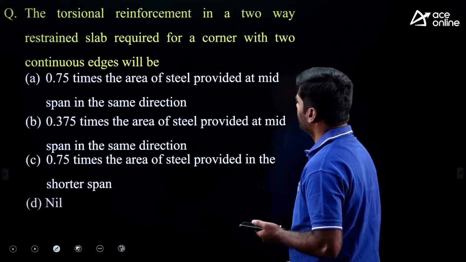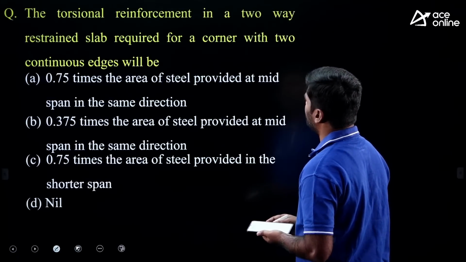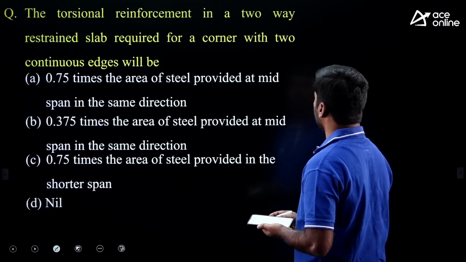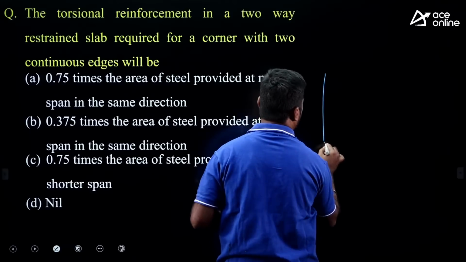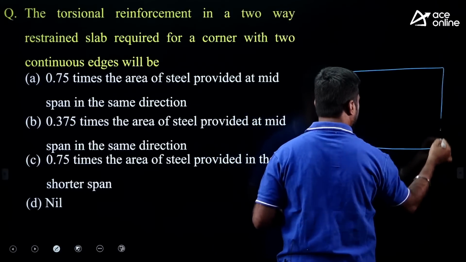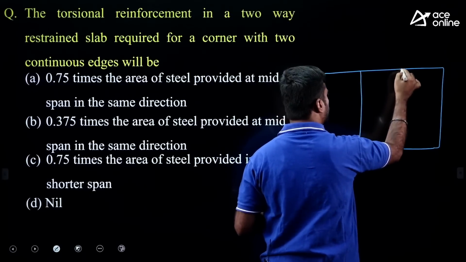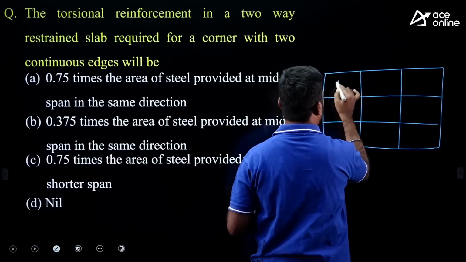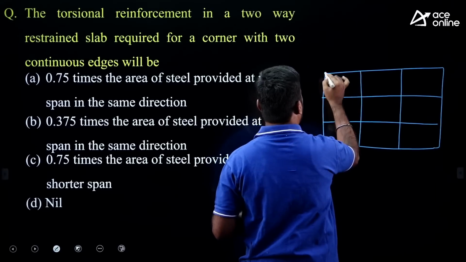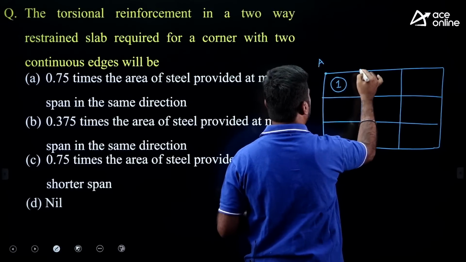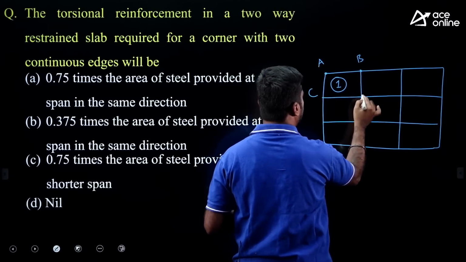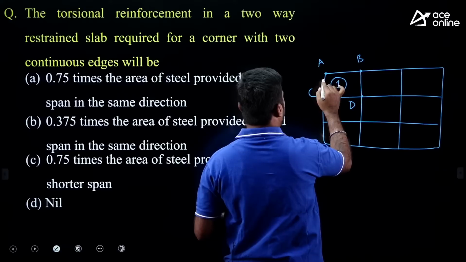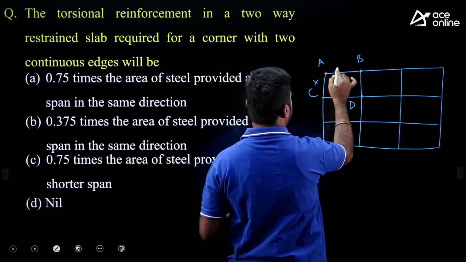Next question is, the torsional reinforcement in a two-way restrained slab required for a corner with the 2 continuous edges will be... Suppose if you take the slab like this, it is divided into number of panels, right? Take one panel, right, and take corners A, B, C, then D. My dear, at corner A, both edges are discontinuous.